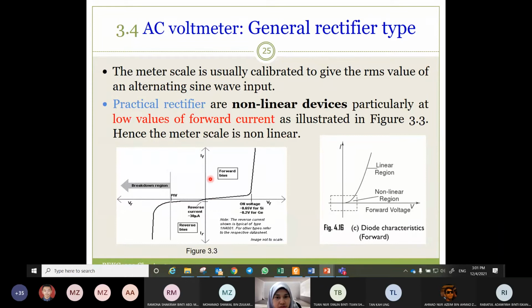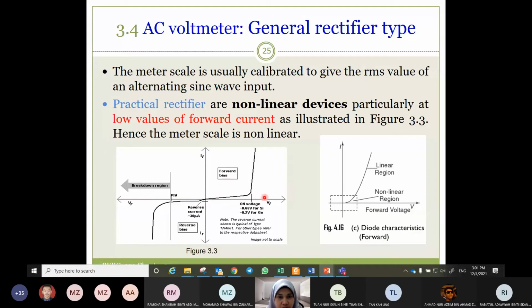Practical rectifiers are non-linear devices, meaning that practical diode. This one you have learned last semester, right? For the subject Principle of Electric and Electronic. Practical diodes are nonlinear devices, particularly at low values of forward current. This is forward current. This is reverse current.